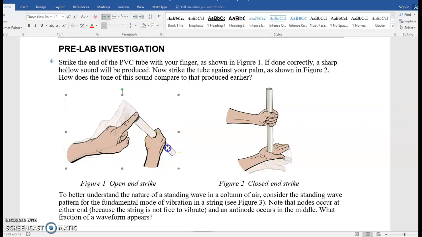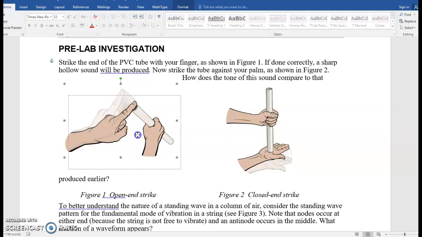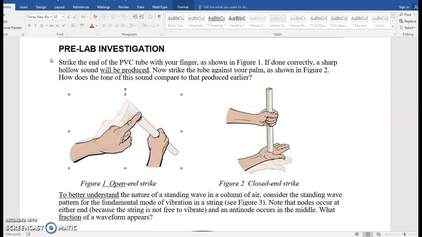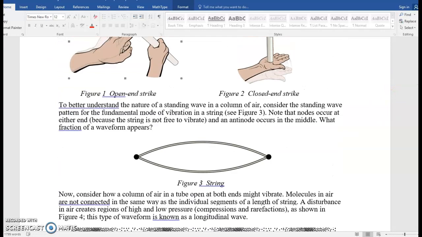All right. So as we look at this, we know that we can have a standing wave, and we have our fundamental vibration in a string.